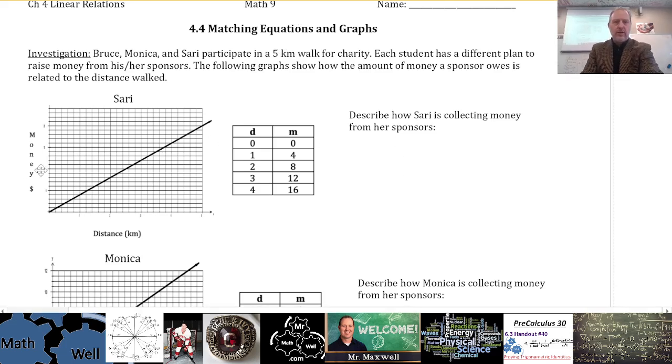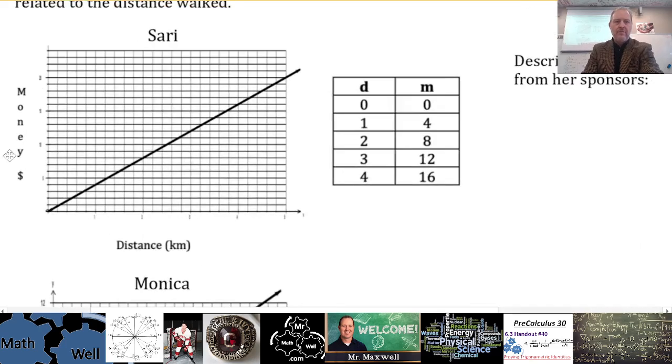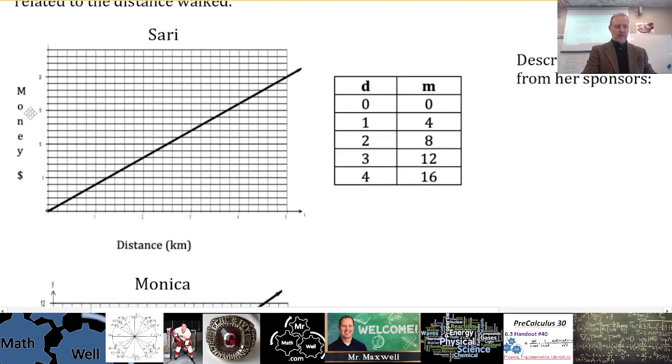So Sari here, you look at the graph, and the money owed is on the left. It's a little bit tough to see that there, I would understand. It's 5, 10, 15, and 20 on the side, and if that is too small for you, I apologize, but I believe this is 5, this is 10, this is 15, and this is 20, okay?